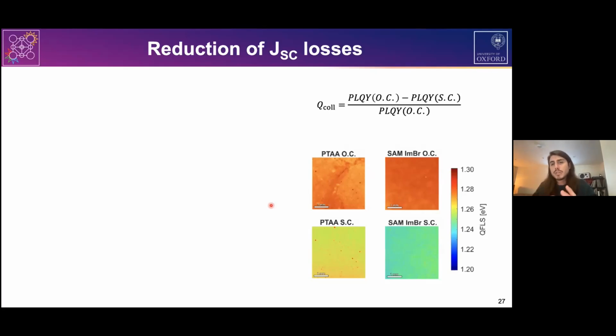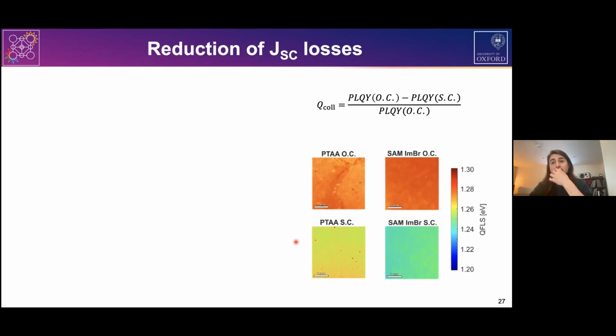At open circuit, you should have full recombination of charges and a certain amount of PL emitted from your device. But at short circuit, ideally, you should have full extraction of carriers and almost no PL. We found out that this is not the case: you always have some residual PL, even at short circuit condition.